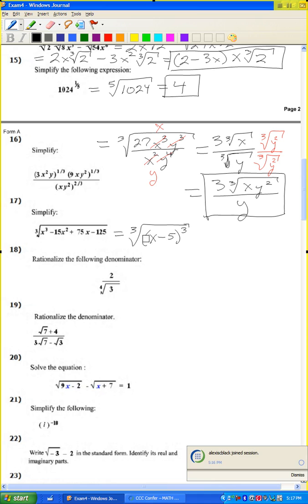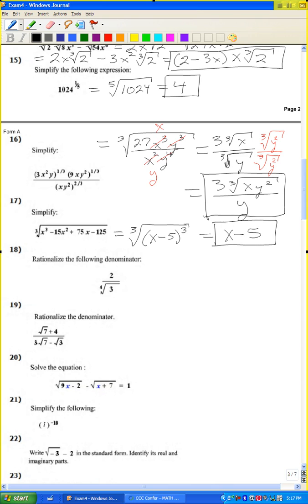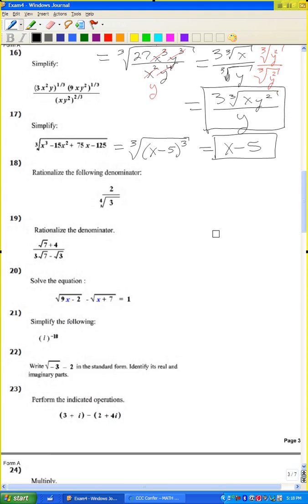So this is just by the special product formula: x cubed minus 3 times x squared times 5, 15x squared, plus 3 times x times 5 squared, 75x, minus 5 cubed, 125. The cube gets rid of the cube root, and you just have x minus 5. And since it's an odd index, you do not need an absolute value. In fact, it's wrong to have an absolute value because it's an odd index.